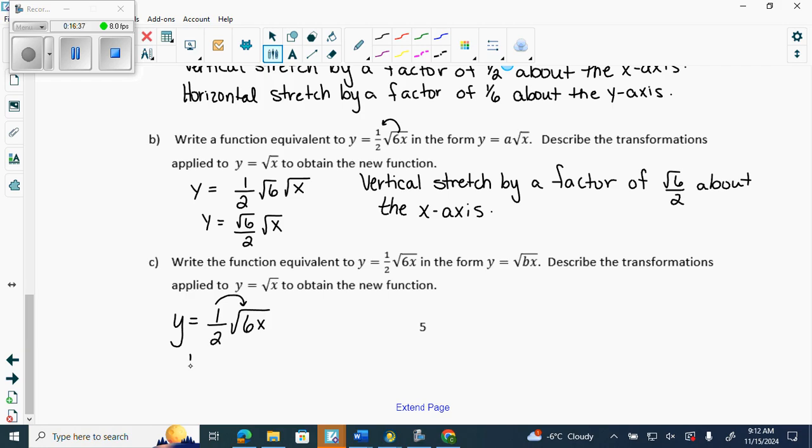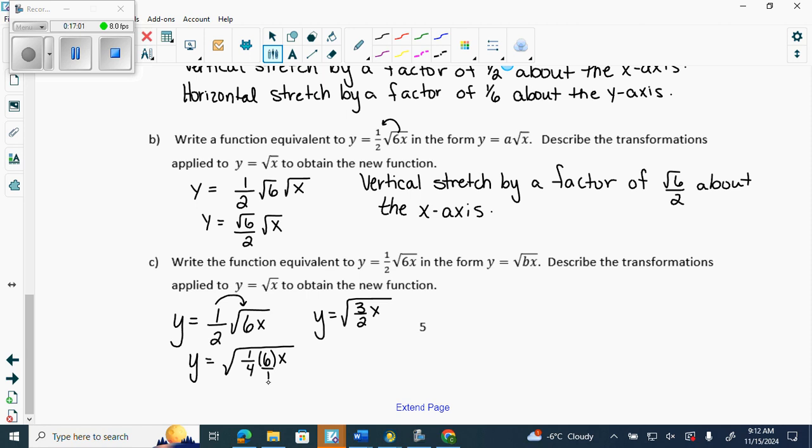All right. So we get y equals square root of 1/4 times 6x, which is 6 over 4, which is actually what? 3 over 2 x. Remember, if you get stuck with fractions, put the basic one over 1, and then across top, across the bottom, right? Numerator, numerator, denominator, denominator.